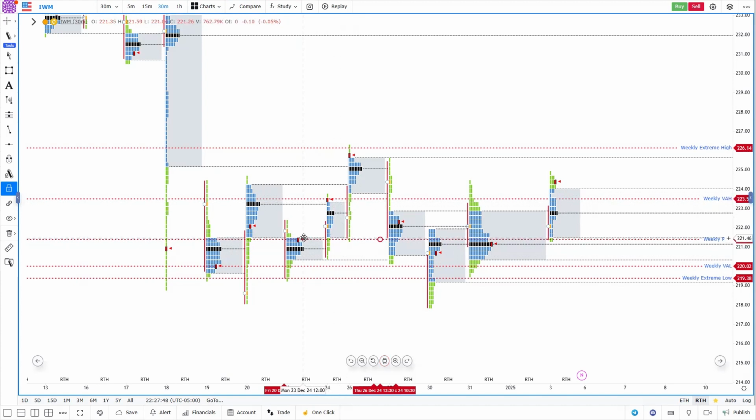So the 23rd value was from roughly 221.48 down to 220.32. The next day, the 24th, value creeped higher. Now it is at 223, let's say, I can't see with my cursor, 223.34 down to 221.50.